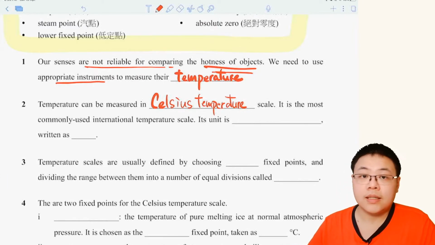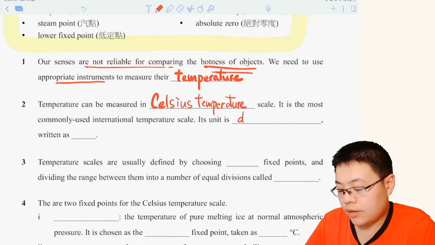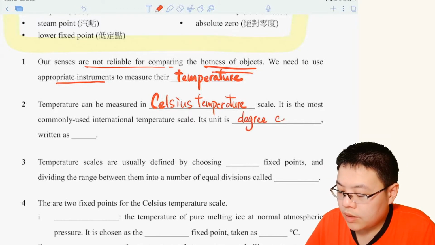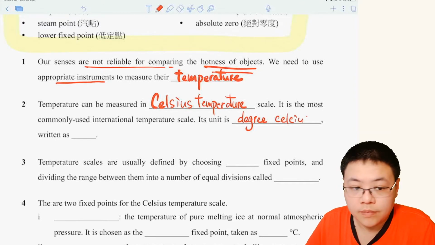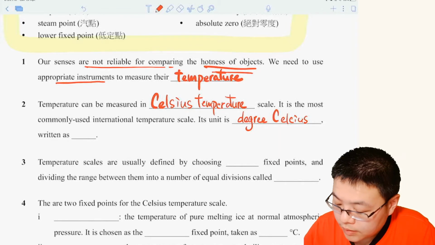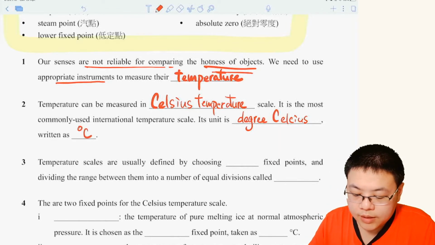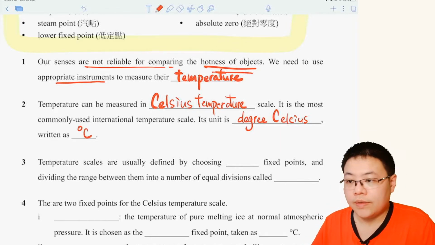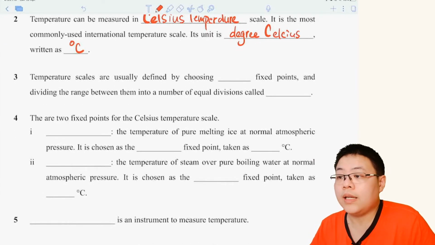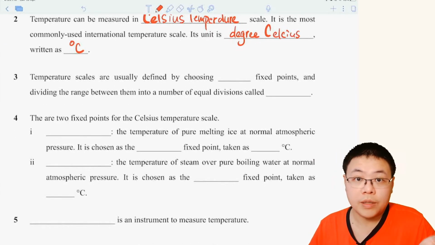Its unit is degree Celsius. Oh, sorry, capital letter C. And the symbol is like this. Okay, very good. Number 3, temperature scales are usually defined by choosing how many fixed points?